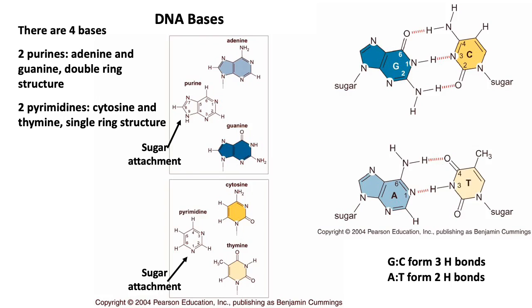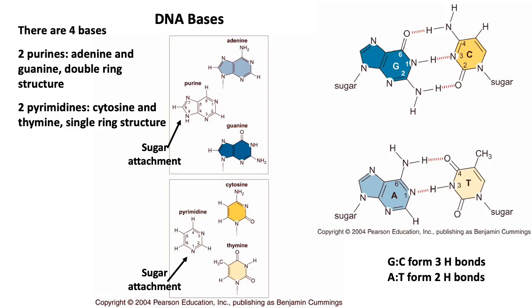And in this image on the right side, that's the little red hash marks between the H's and either the O's or the N's.